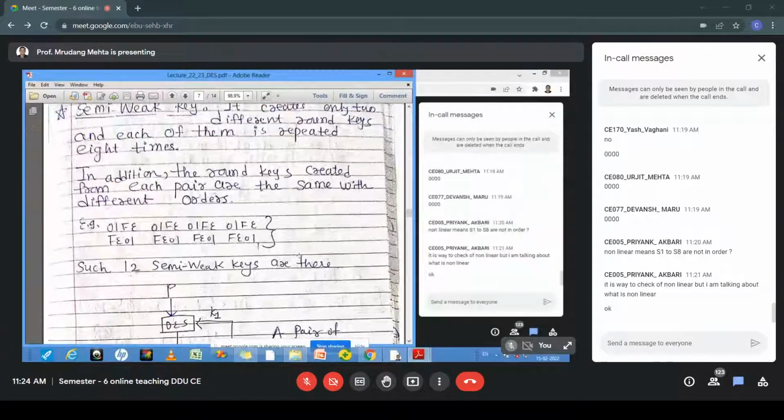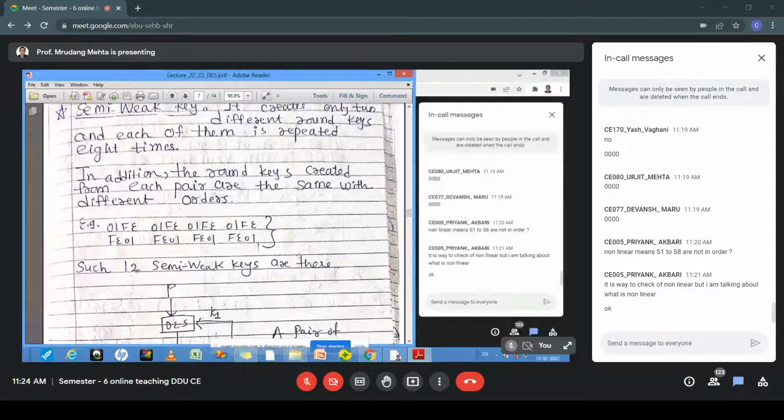The second type of weak key is called semi-weak keys. In weak keys we have all zeros, all ones, half zeros and half ones, four such keys. In a semi-weak key, it creates only two different round keys, and each of them is repeated 8 times. We require 16 keys, K1 to K16, so one key appears after every second round.